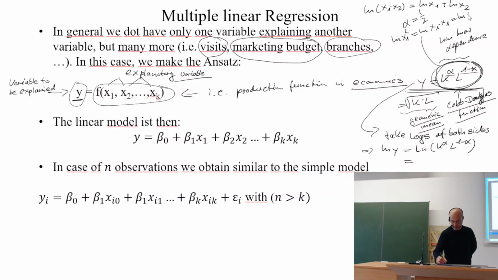So this is ln x1 plus ln x1, and this equals 2 times ln x1. This means if we have this exponent, it drops down just in front of the log. So this is then alpha ln K plus 1 minus alpha ln L.